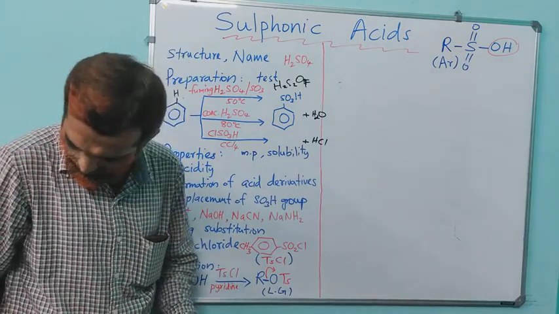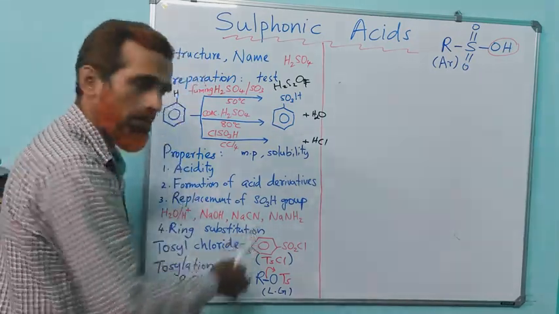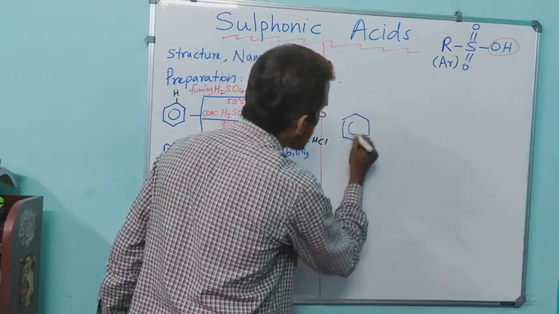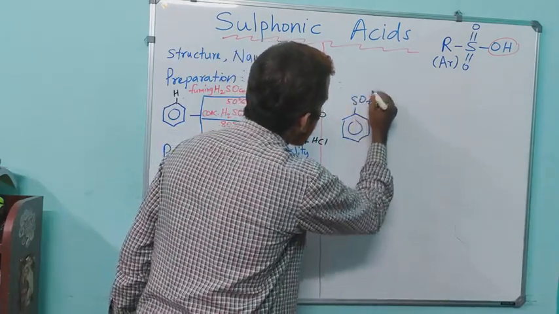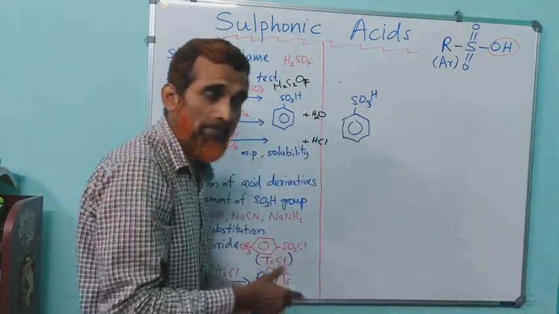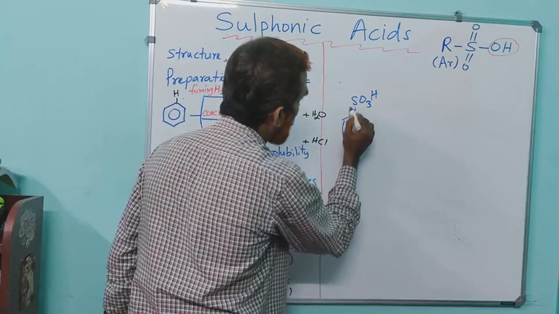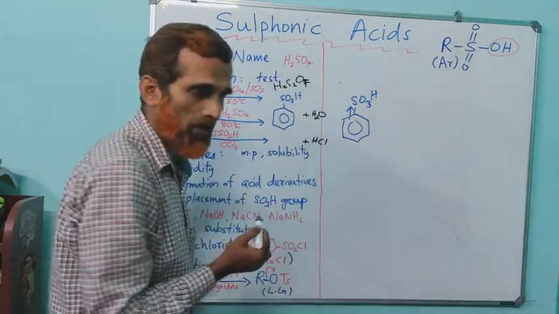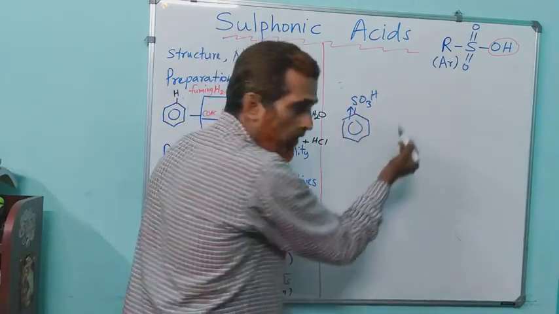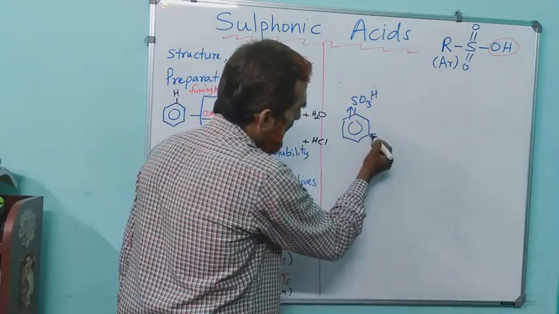And finally, we have one more reaction, that is ring substitution. See, what is that? You consider benzene sulfonic acid. We know that you learned last year that SO3H is a deactivating group because it is electron withdrawing, highly withdrawing. So it is deactivating, and if at all the reaction takes place, it is meta-directing.